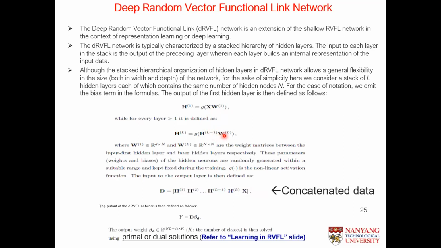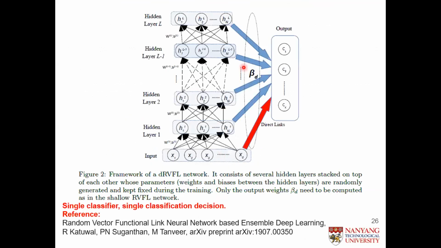So we introduce the hidden layer numbering in the superscript. But otherwise, the closed form solution is exactly identical to the basic RVFL, no difference at all. So this is the deep RVFL we proposed.